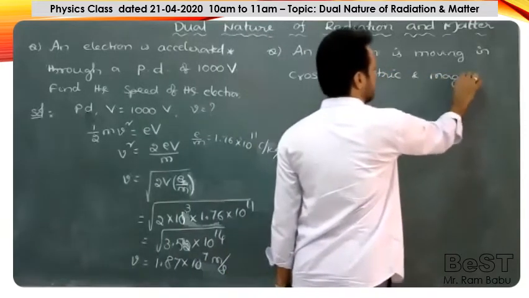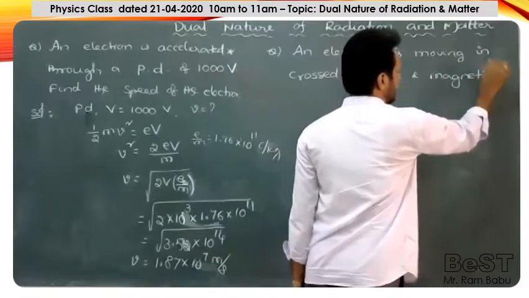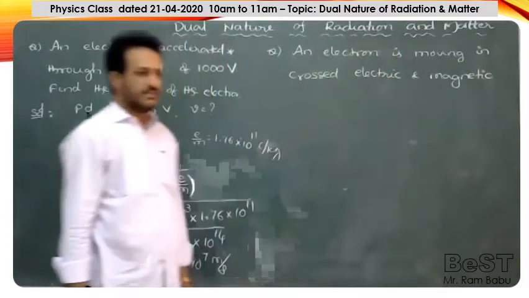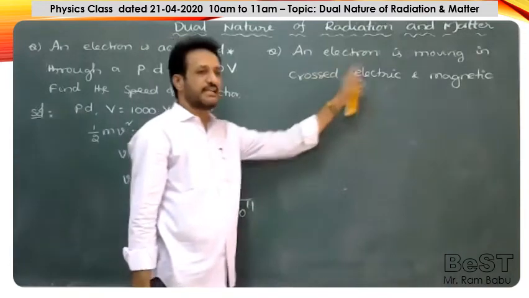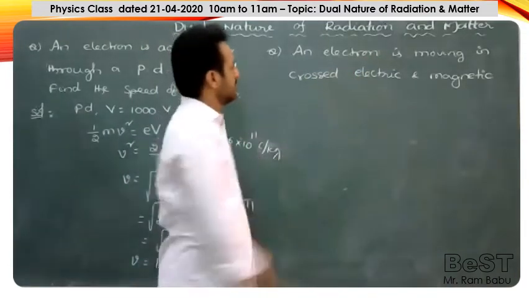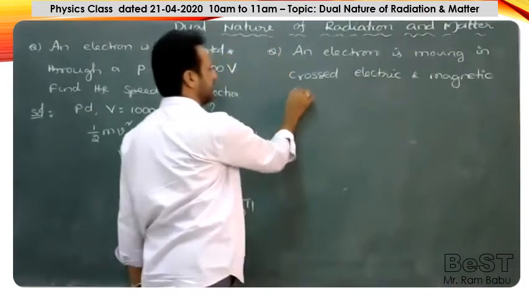Here the word crossed indicates perpendicular. Yesterday in the Thomson method we already mentioned it. The electron is moving perpendicular to electric and magnetic fields without any deflection.